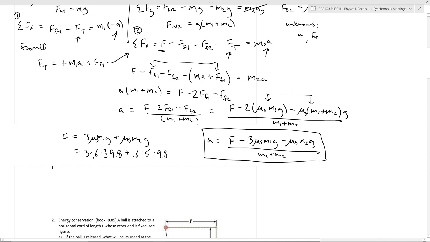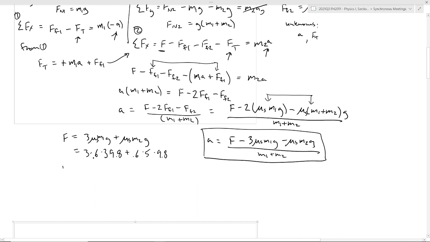Multiply that together, and we'll find that the minimum force would be, let me see what the number is here, 82 newtons. So that would be the minimum force that would be required to get the thing to move.